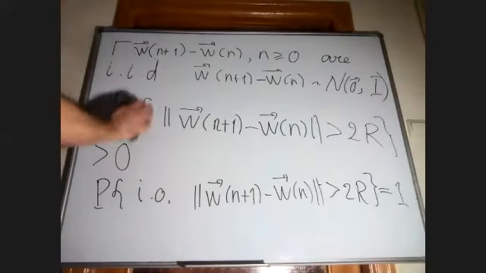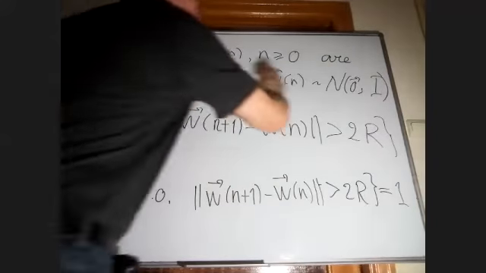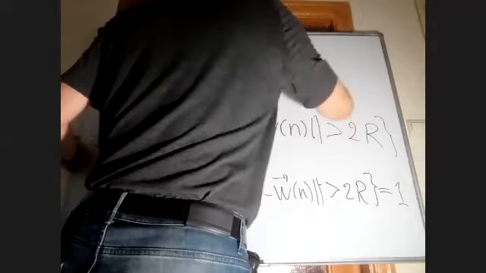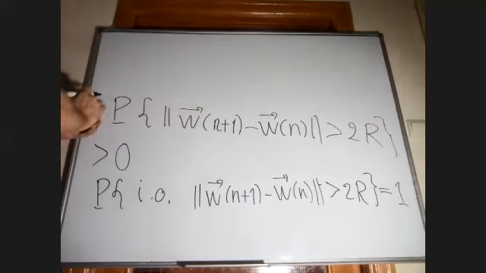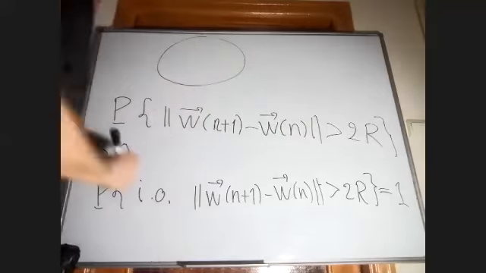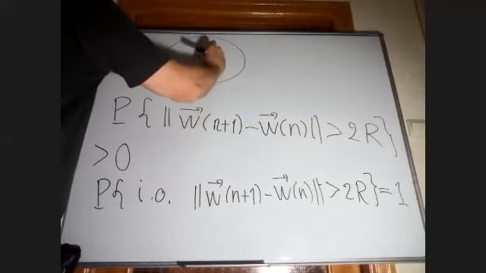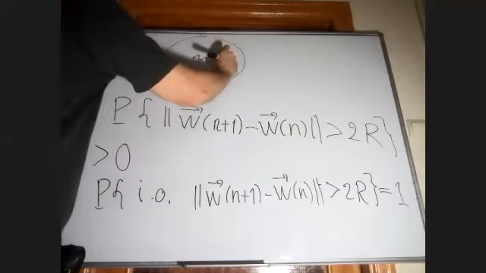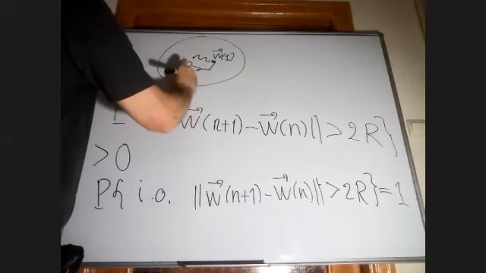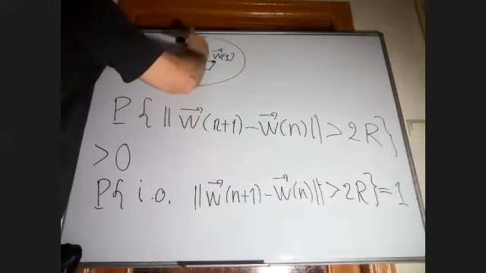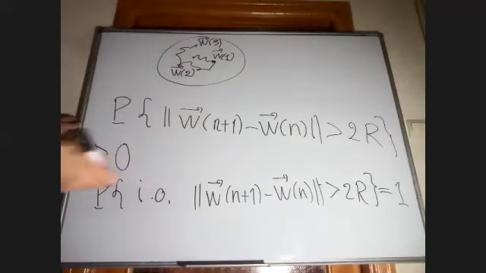Now it's understandable that we will definitely go outside the ball. Why? Because if we consider our ball and put here W1, then W2, then W3, and so on, what will happen?